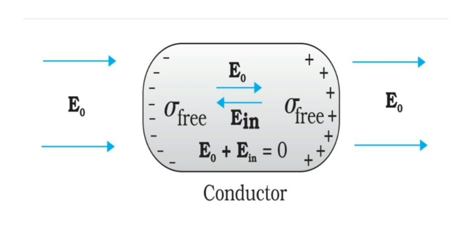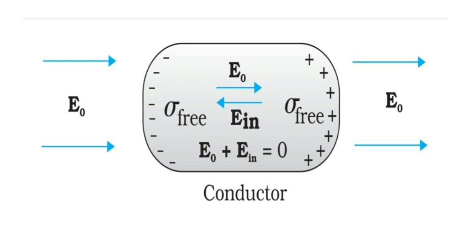Got it? On that negative charge side, in the diagram you can see sigma free, meaning because of the free electrons, a negative surface charge density appears on one side, and on the opposite side, a positive charge density appears.